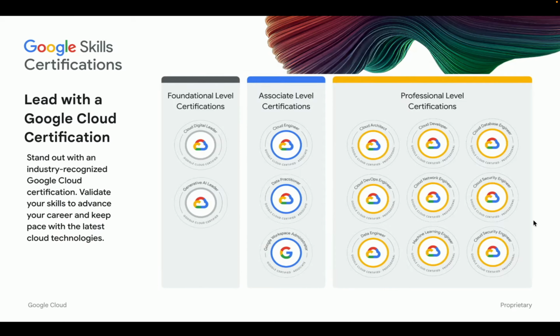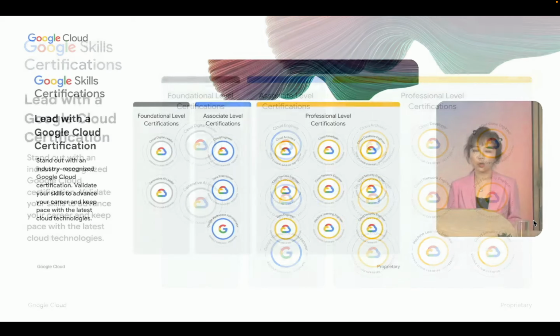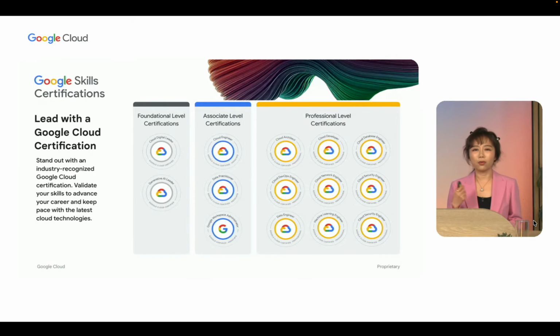If you look into the certifications that we're offering from Google Cloud, we offer 3 different levels catered for different users. If you are a business user or a leader, you can lean in for the fundamental level of certification, where we recognize you as a Gen AI leader. If you are in between, you can go for the associate level certificate, where we recognize you as a cloud engineer or data analyst specialist.